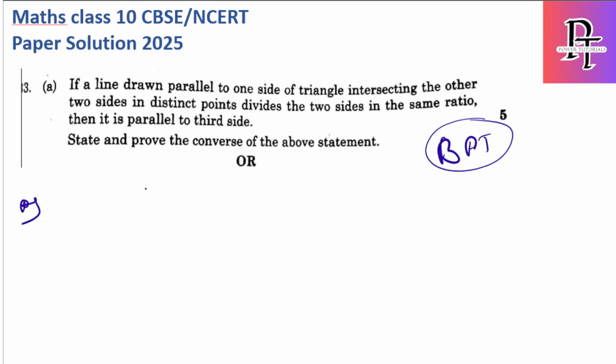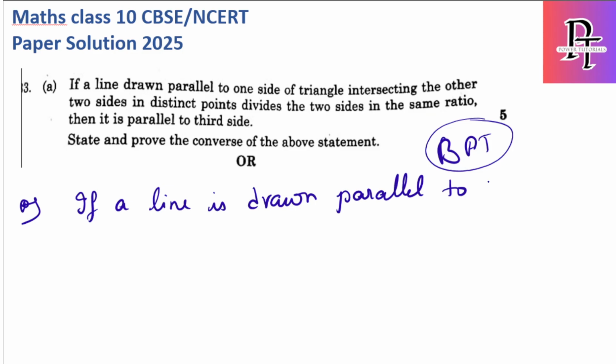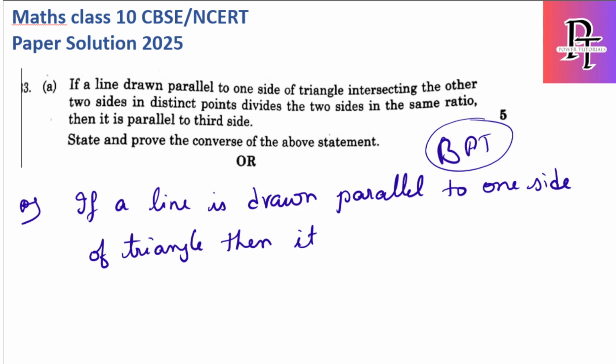So they are asking to state and prove the converse of Abel's theorem. First we have to write the statement, which is: if a line is drawn parallel to one side of a triangle, then it divides the other two sides in the same ratio.